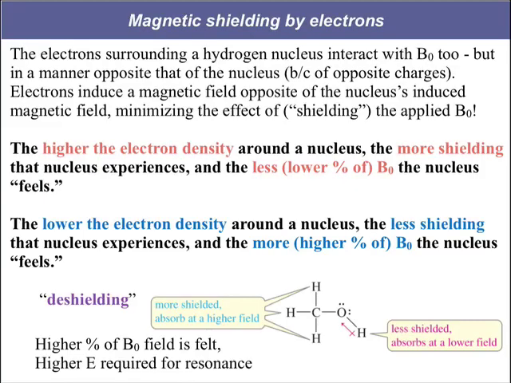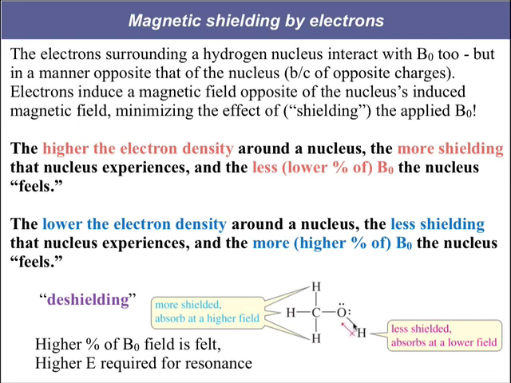So here's methanol. Here's a molecule with 2 different types of hydrogens. We've got hydrogens on our carbon, 3 of them, and we've got a hydrogen on our oxygen, 1 of them. These 2 hydrogens are in very different chemical environments. The hydrogen on the oxygen is deshielded because the oxygen is withdrawing electron density from that nucleus.